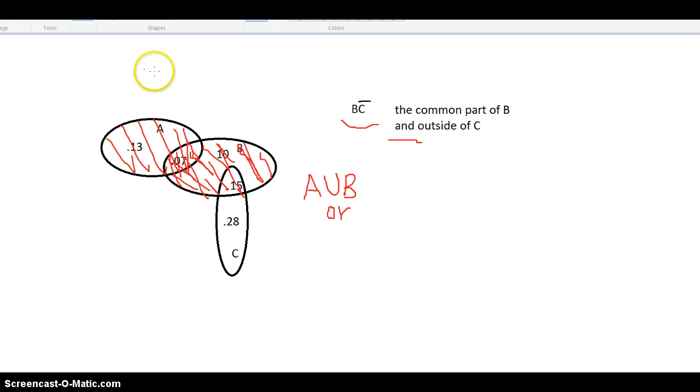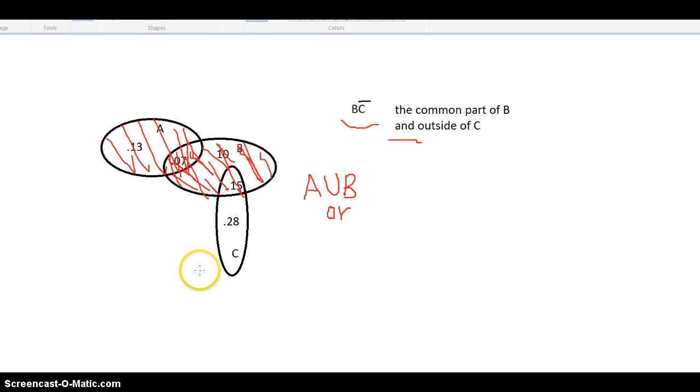But when we do probability, we don't consider this part twice. You will not add this number 0.07 twice because A union B does not repeat. So we add all those numbers. The left side goes from left to right: 0.13 plus 0.07 plus 0.10 and plus 0.15.